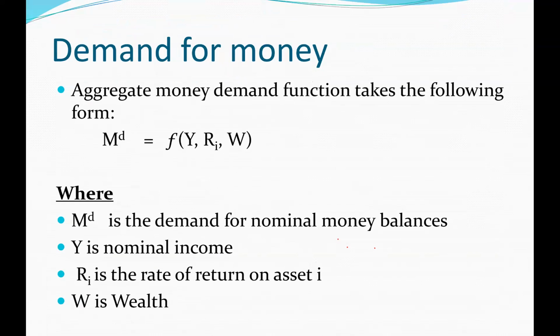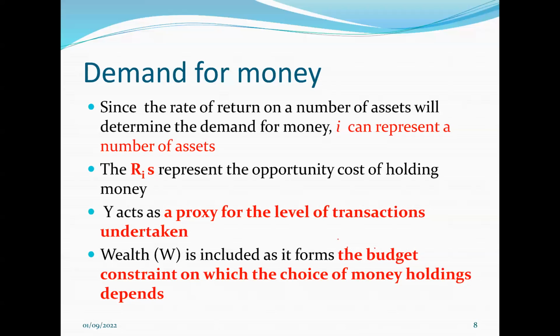The interest rate is the rate of return on an asset, the interest you get from the return. So the demand for money is determined by how much income you have, how much return you get from the asset, and how much wealth you have. These three influence how much money you should be able to hold.